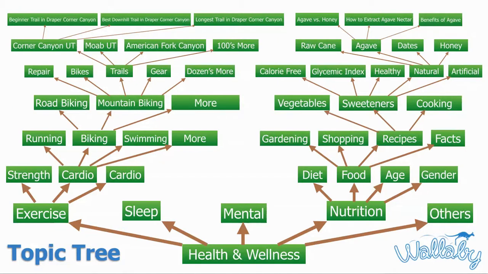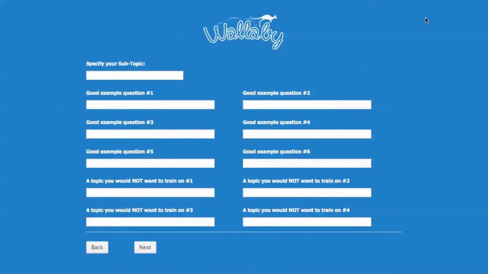So in this example of this topic tree, the stems are going to be down here, talking about raw cane or agave or dates or honey. As we get more broad, that's when we get into the smaller and larger branches, and even down into the trunk region.